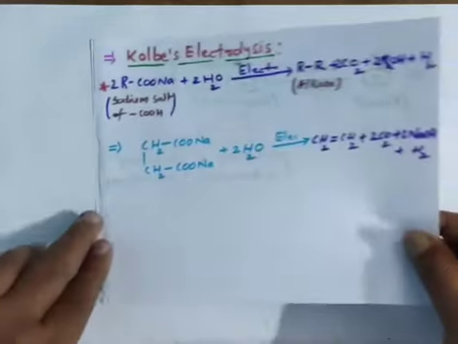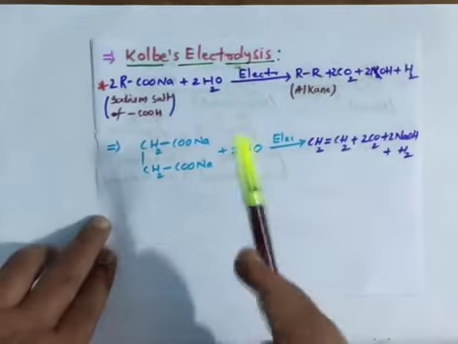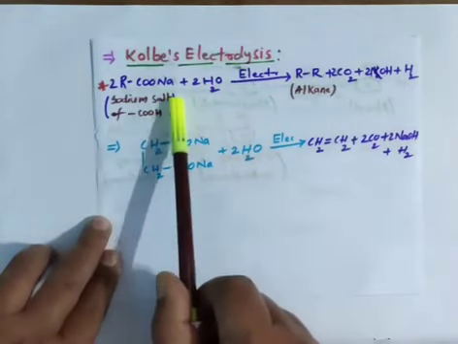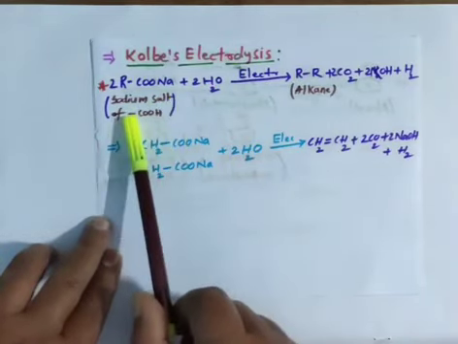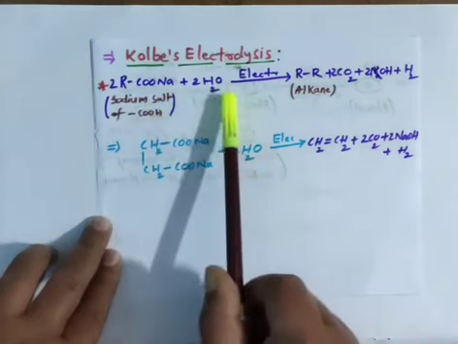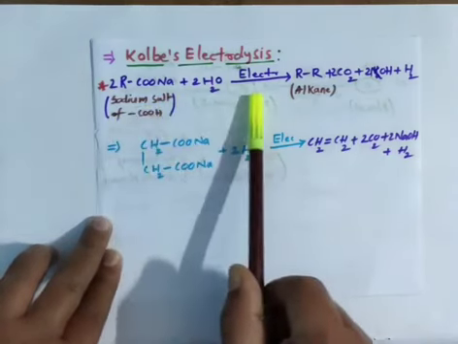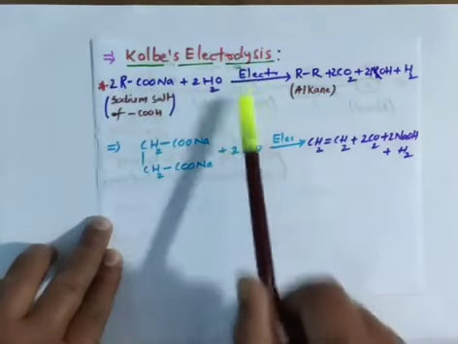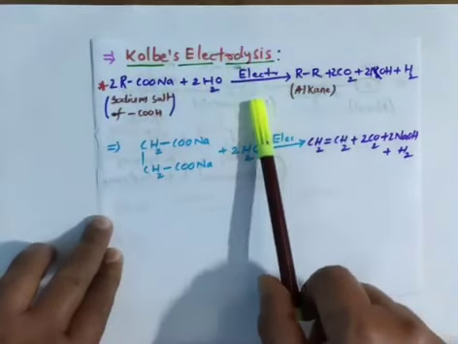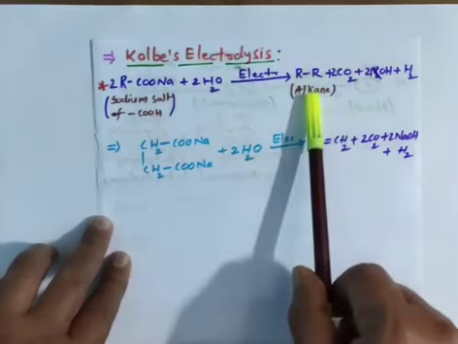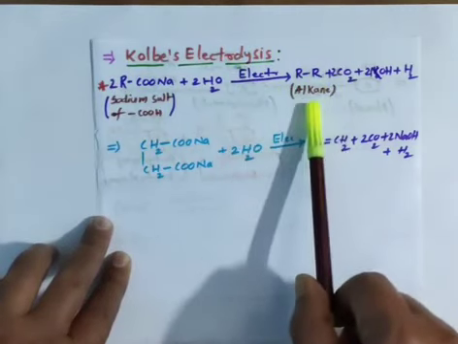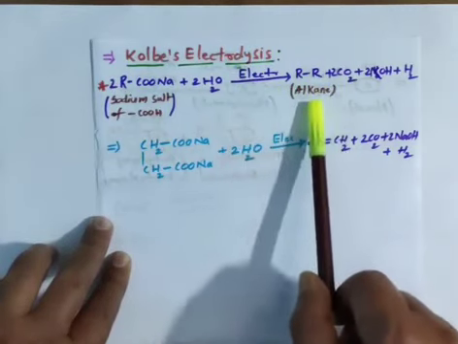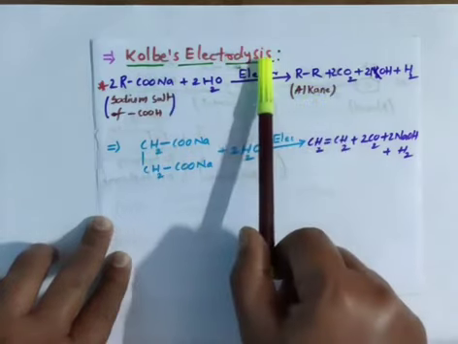See, here we have Kolbe's electrolysis also. When sodium salt or potassium salt of carboxylic acid is subjected to electrolysis, you are getting alkanes, means Kolbe's electrolysis. By Kolbe's electrolysis, we can prepare alkane, alkene, alkynes. All hydrocarbons are prepared by Kolbe's electrolysis.